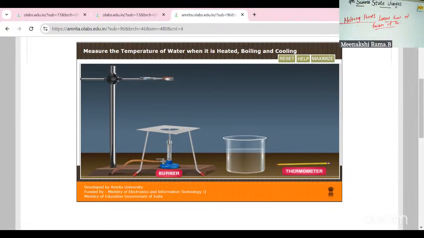What is this? This concept is included in the melting point. The ice cubes melt in that area. I take a beaker and put some ice cubes into it. Just I want to heat this.